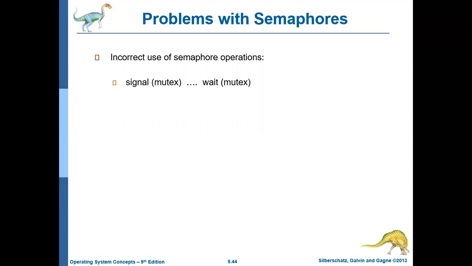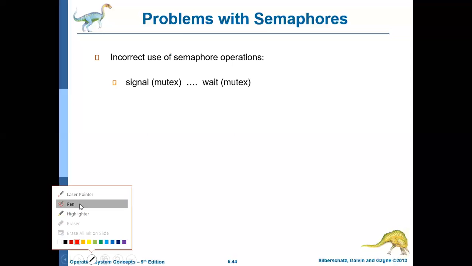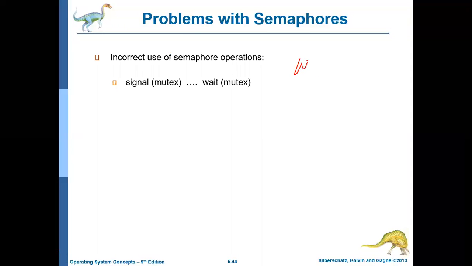This is the general protocol the semaphore should follow: wait, then critical section, and then signal. First it should call wait on the mutex or lock; a mutex is one type of lock.